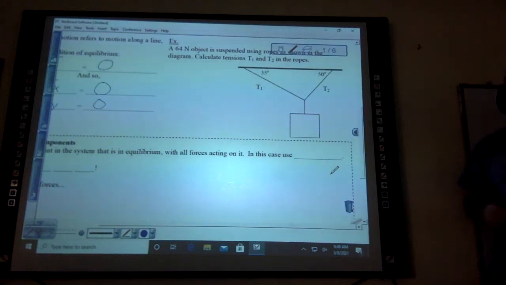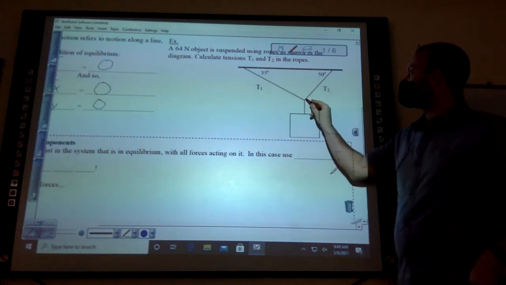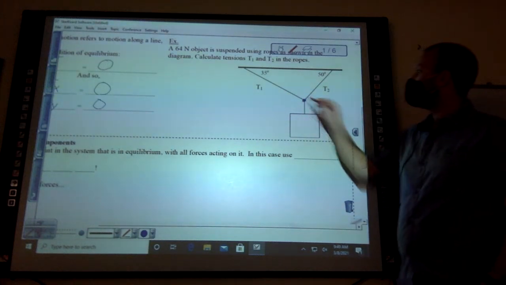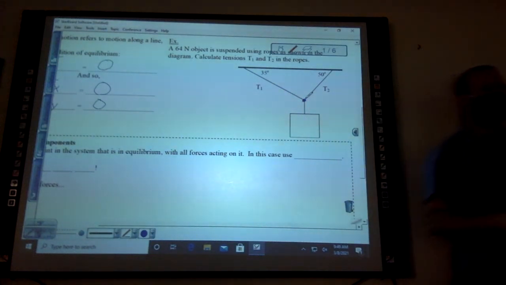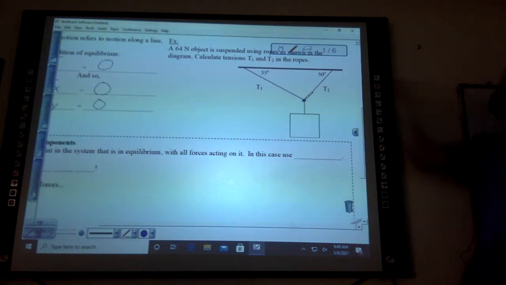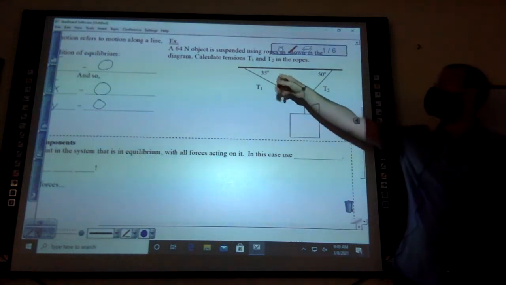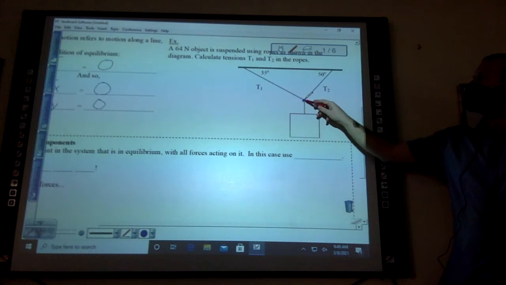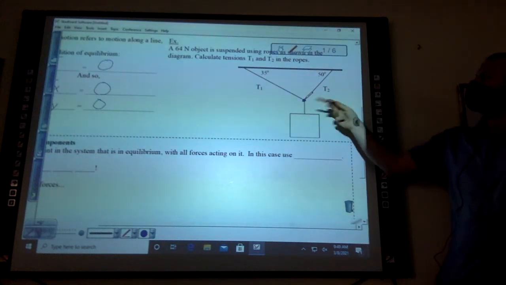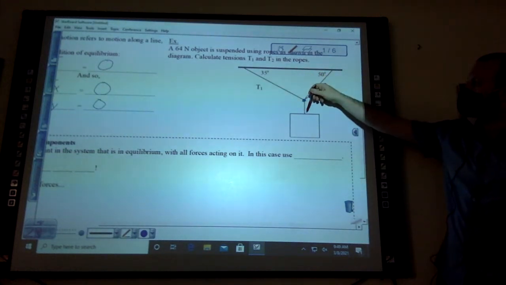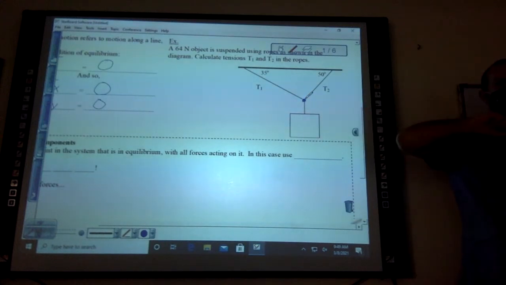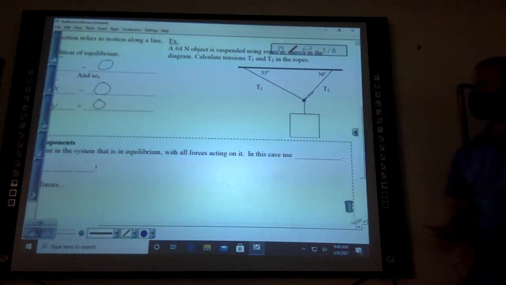The center. The point where all the lines intersect, right? So this is the point where all the forces act. We've got tension acting on this. We've got tension here acting on it. Yes, there's tension pulling down, but I'm going to oversimplify this. This tension is just equal to force of gravity. So I'm just going to say that's force of gravity.